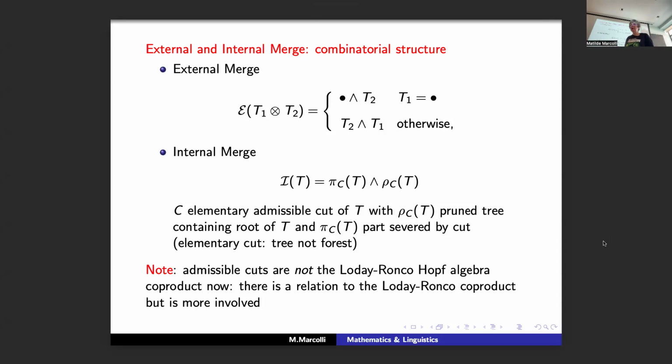The point is that these operations themselves are not directly related to the product and coproduct of the Hopf algebra, unlike in the new version, where they result directly from the coproduct of the Hopf algebra. Here they are only related through these complicated relations between the two Hopf algebras, but you can still define them as linear operations on the Hopf algebra, with certain specific domains that are required.